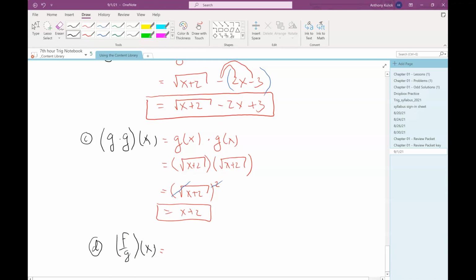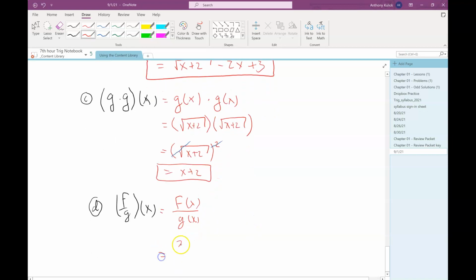So if I do a quotient, again, I apply my definition, that's going to be f of x over g of x. And in this problem, f of x is 2x minus 3, and g of x is root x plus 2.